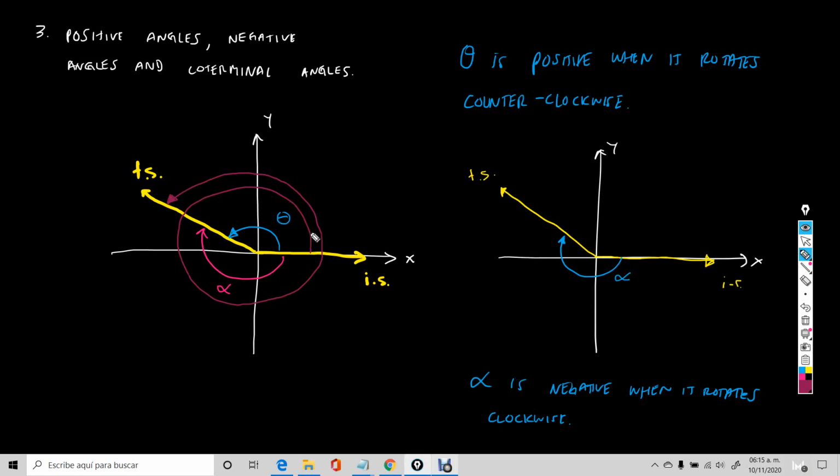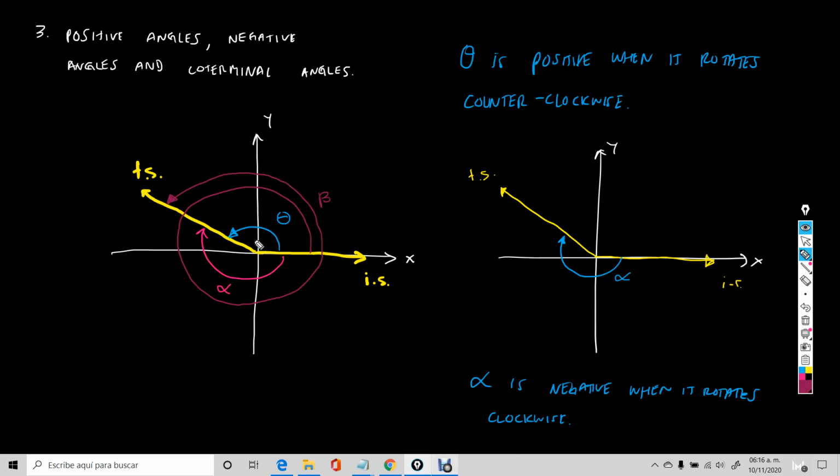There is nothing wrong with this angle, the one I just drew. Let me call it beta. This big angle is beta, and beta also has the same initial side and the same terminal side as theta and alpha. Of course, beta is a large angle, greater than 360 degrees, but there is nothing wrong with it. You can also do this type of thing.